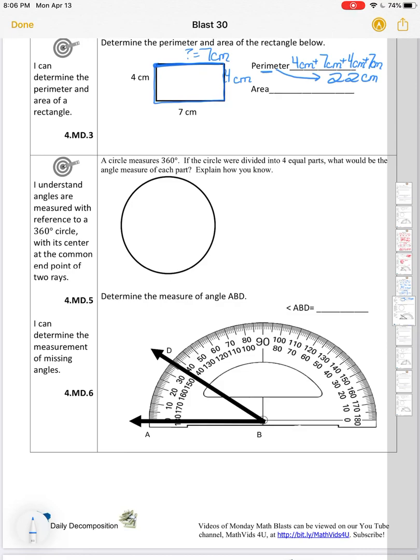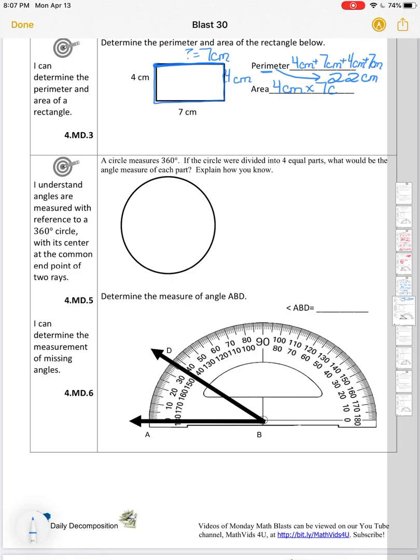And we learned back in 3rd grade that we can tile the figure. I could make 4 rows that have 7 columns. 4 rows of 7 would give me 28 squares inside of that figure. But I don't have to draw the rows and the columns. I could, but I don't have to because I know that that's the same thing as taking the length times the width.